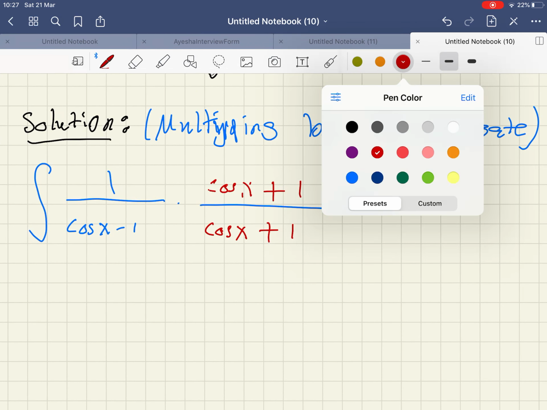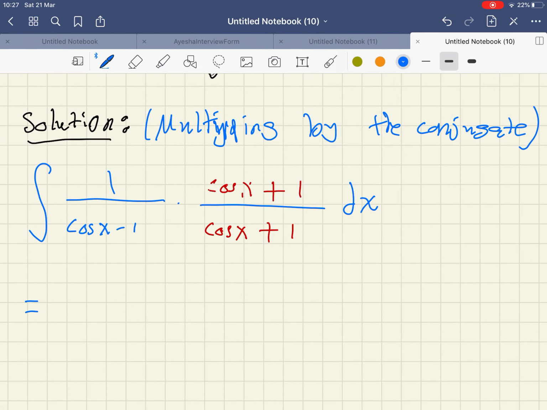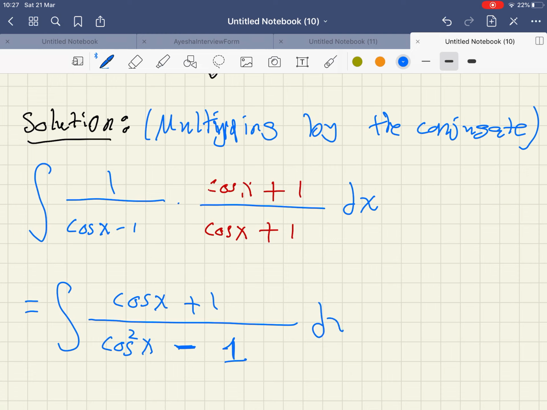Now, if you remember how we multiply the conjugate, we have to multiply first by first, second by second, and then we put a minus between them. So first with first is cosine square x, second with second is just 1, and in the top we will still have cosine x plus 1 dx.